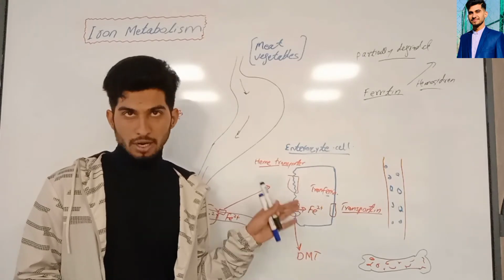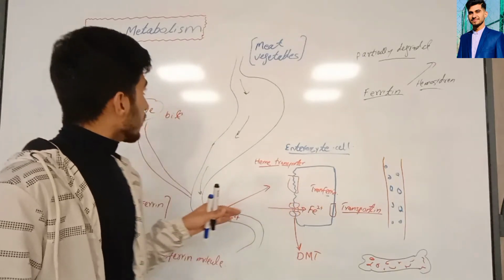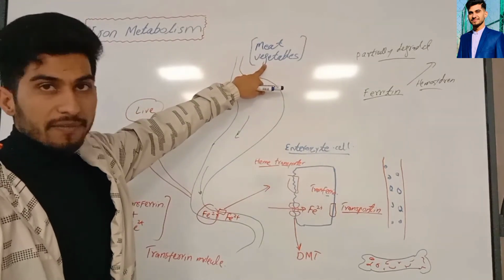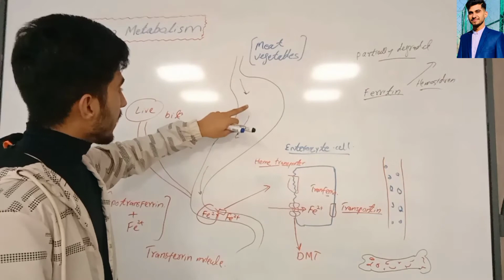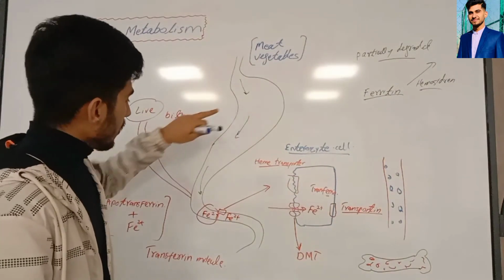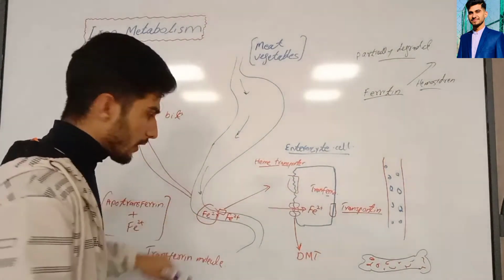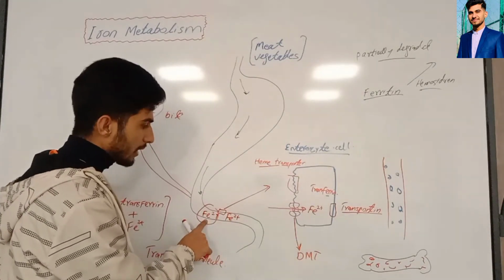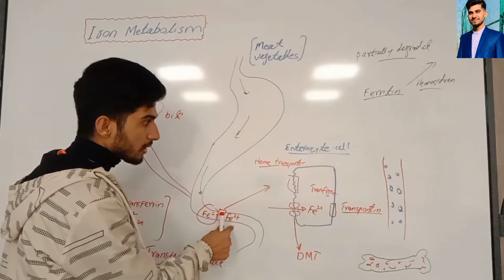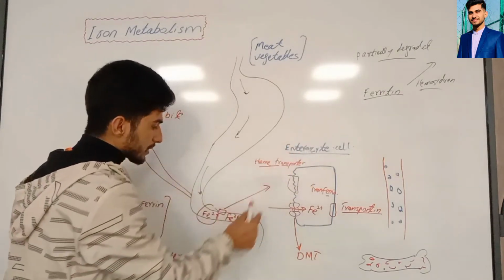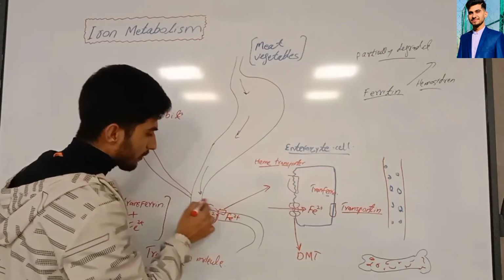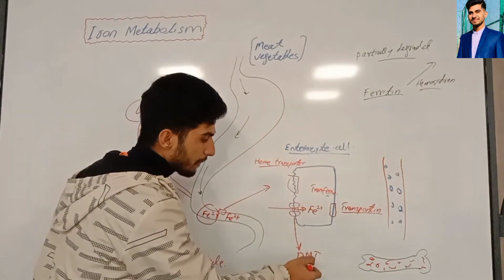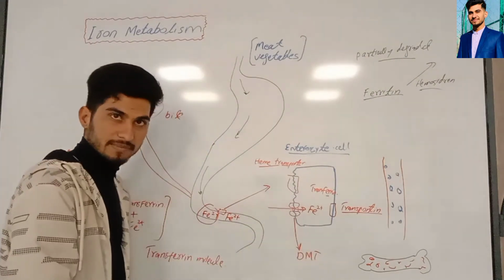Now we will revise the topic. We eat iron in the form of meat and vegetables. Then iron will move into the duodenum in the form of ferric and ferrous iron. And our duodenum cells, meaning enterocytes, can absorb iron only in the form of ferrous iron because only divalent metal transporters are present.